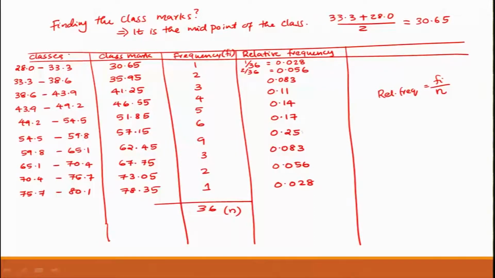In a way, think about this: it tells you that this class, the 62.45 class mark or the 59.8 to 65.1 class, contains 25% of the data values.